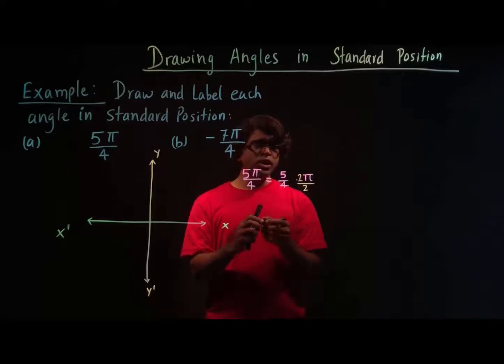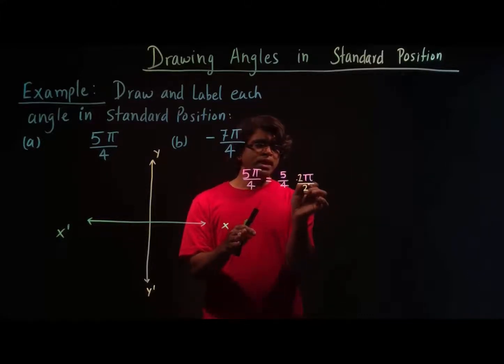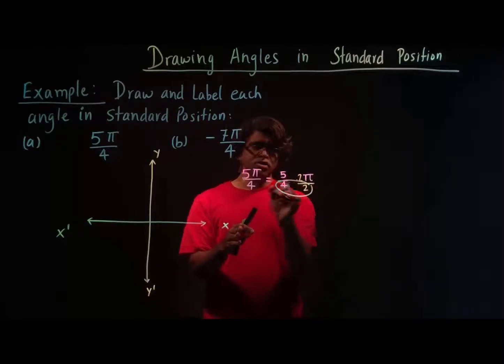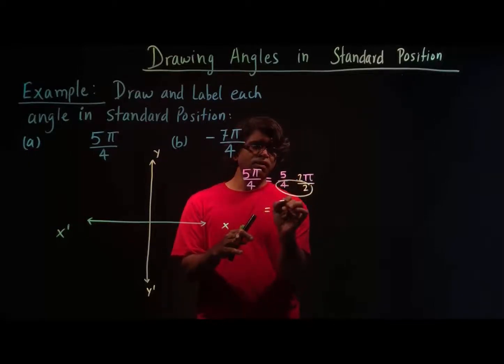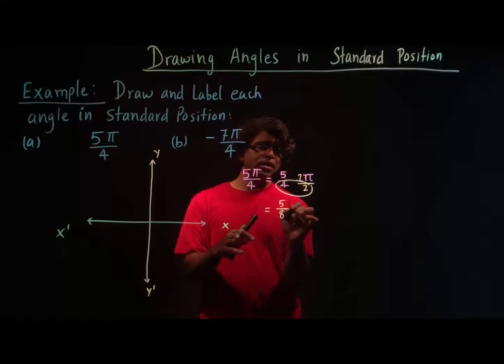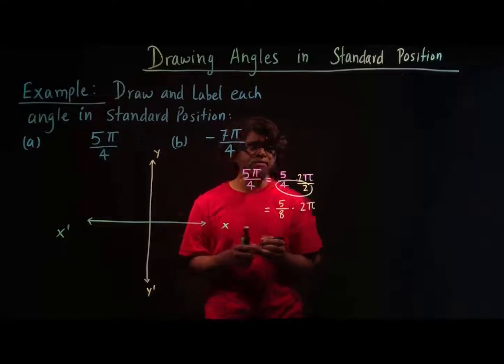If I do that, I keep the denominator 2 with the 4 and the numerator 2 with the pi. Simplifying further, I can write this as 5 over 4 times 2, which is 8, times 2 pi. What does that mean?